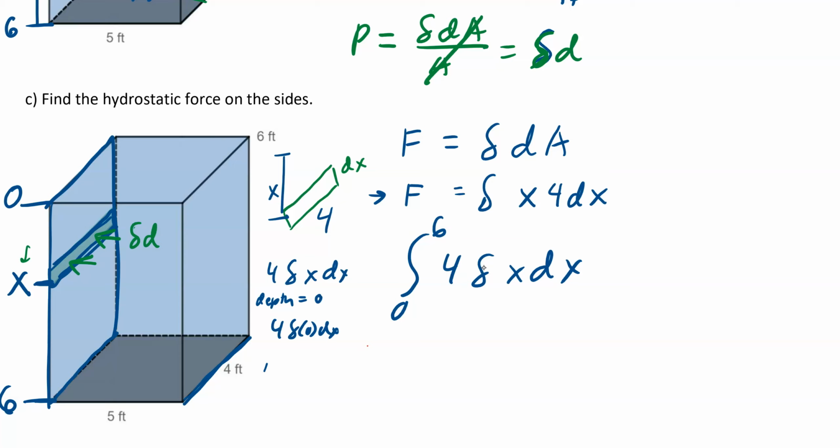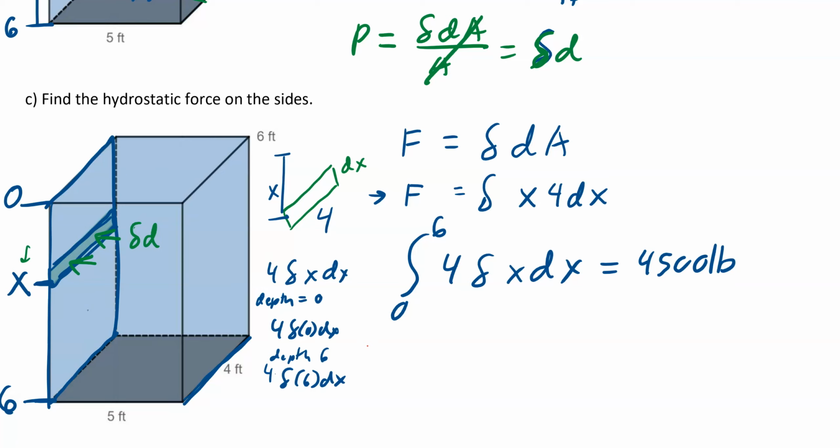And if we had the bottom one, we have a depth of 6, right? Then what we're getting is 4 delta 6 dx. So that formula, we'll be plugging in the depth as we move down. The width is always constant at 4, and the thickness is always dx. So if we plug that in our calculator now, we get 4,500 pounds. So that is the force that's being applied to that wall.